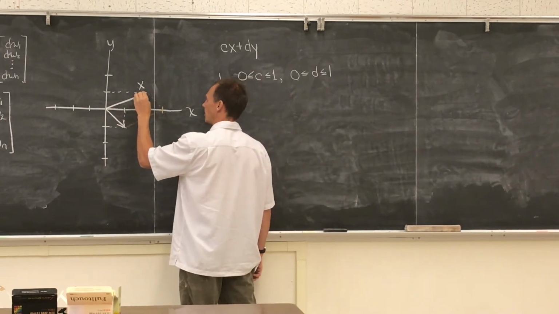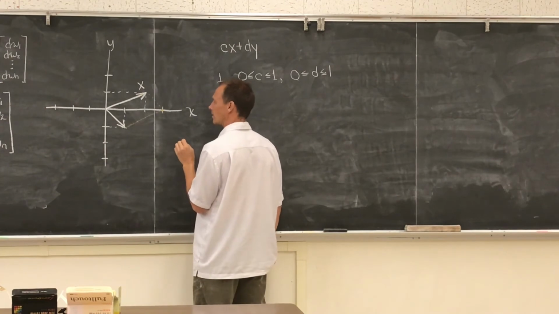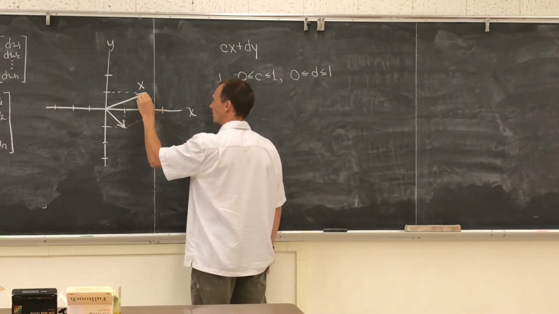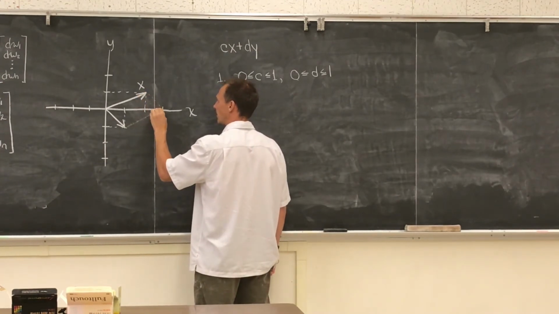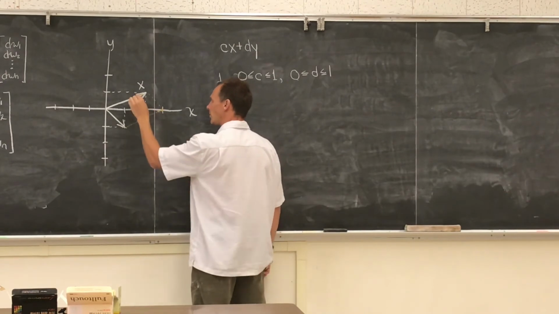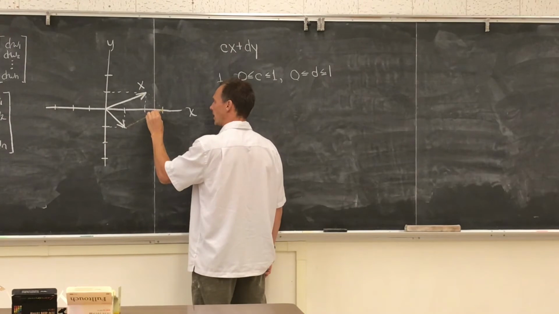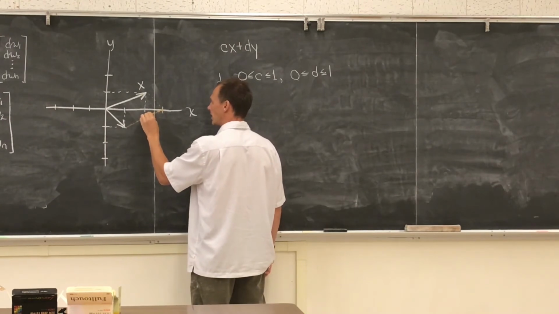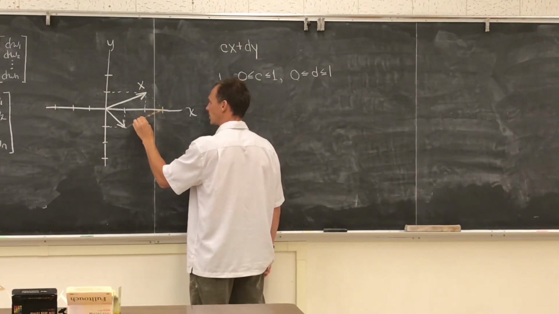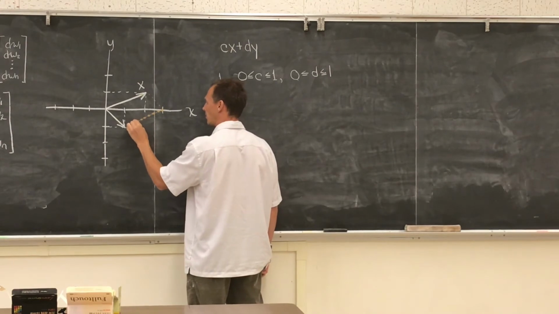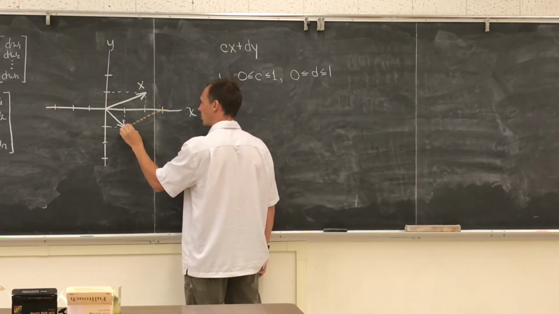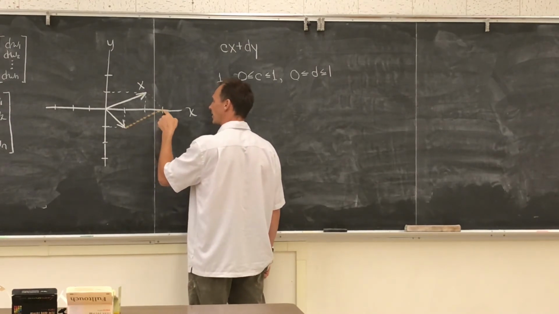Well, that makes x a little shorter. If d stays the same, then I get a dot here. Let's make c a little bit shorter, and d at 1. And as I continue, I actually create all possible points on this side of the parallelogram.